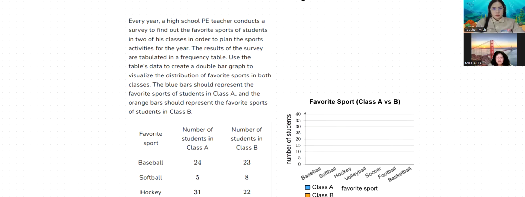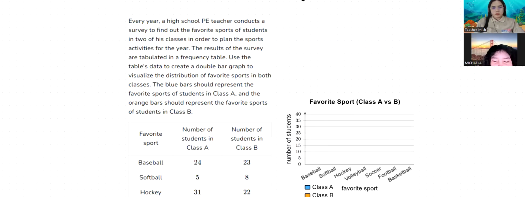The results of the survey are tabulated in a frequency table. Use the table's data to create the double bar graph to visualize the distribution of favorite sports in both classes.